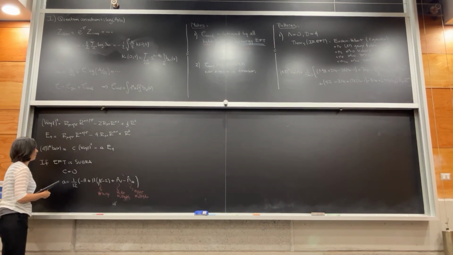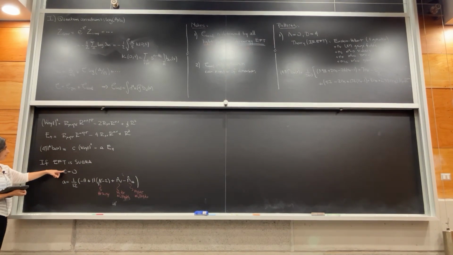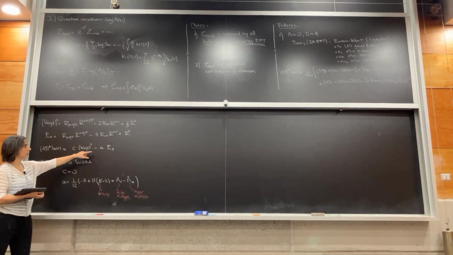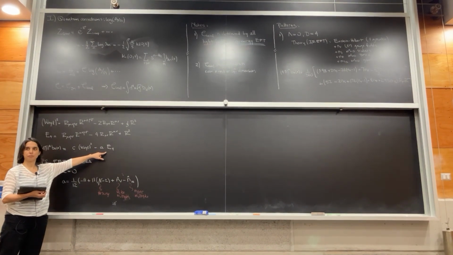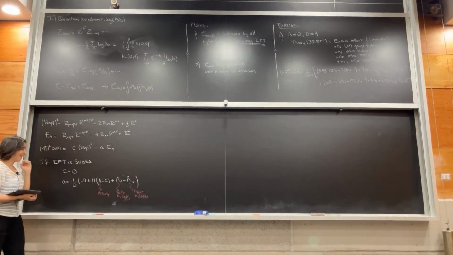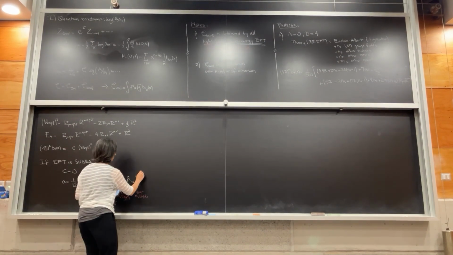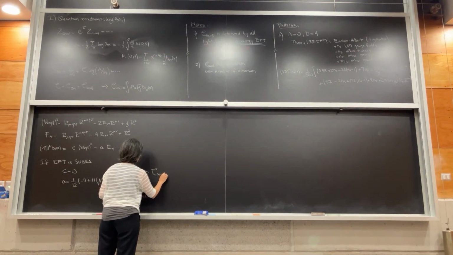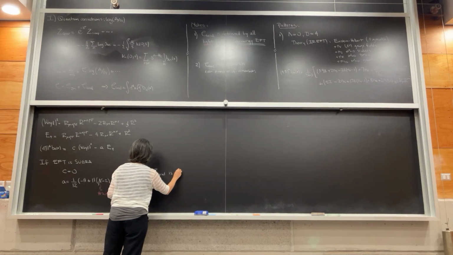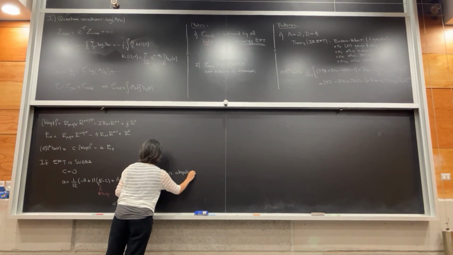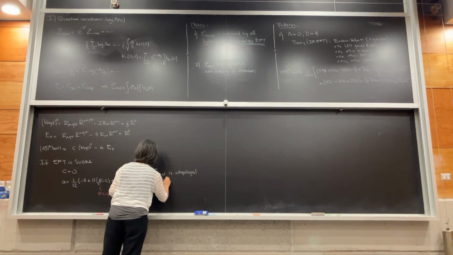But what's interesting about this is that if C is equal to 0, then B4 is just the Gauss-Bonnet term. And that tells you that then C local is a topological number.